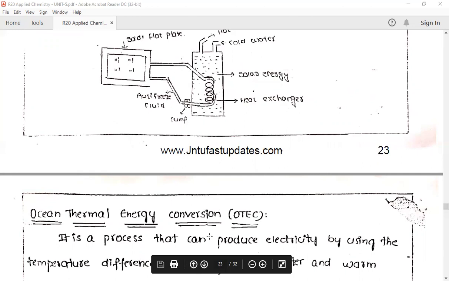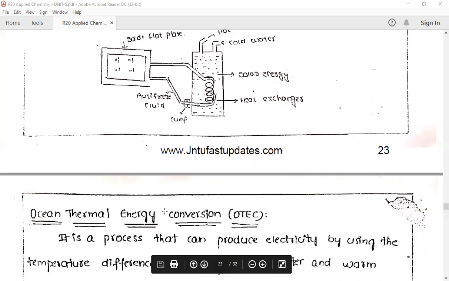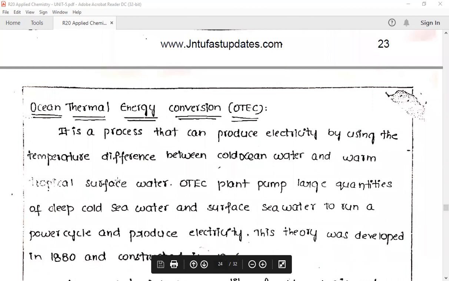And the next one is the ocean thermal energy conversion. In the ocean thermal energy conversion, a temperature difference exists.